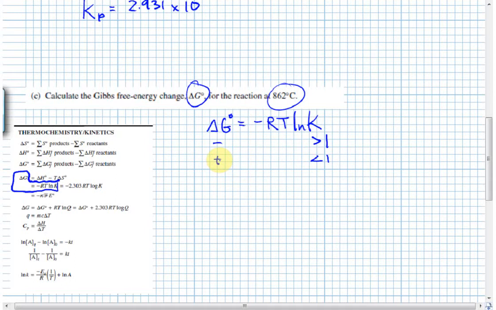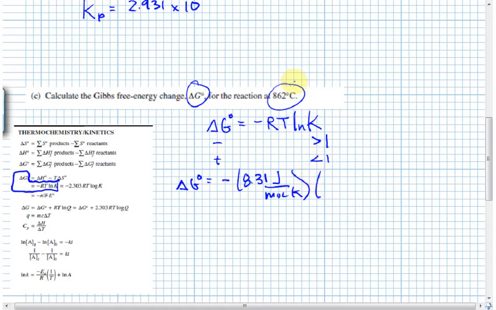In any event, we can go ahead and do the equation real quickly. Delta G 0 is going to be equal to negative R. R has a value of 8.31 joules per mole per K, the ideal gas constant in terms of energy units.